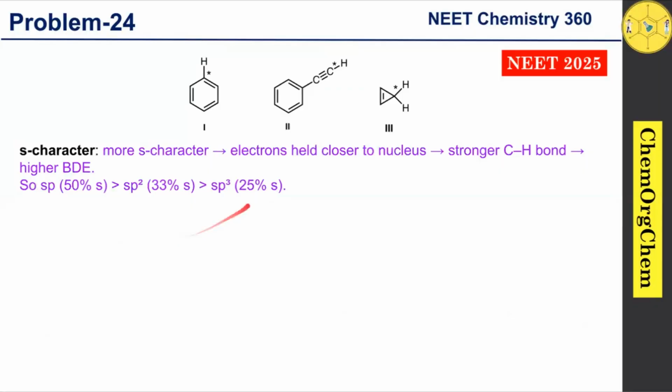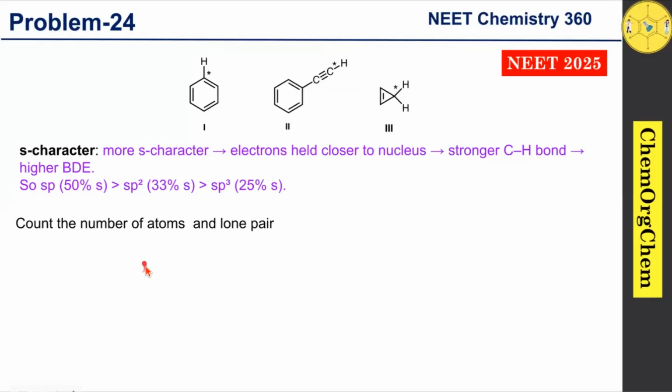So here, if we find the hybridization of this particular CH bond, we can easily solve this question. I hope most of you know how to find the hybridization of a given CH bond. If you don't know, no problem. Let's see briefly how to find the hybridization.